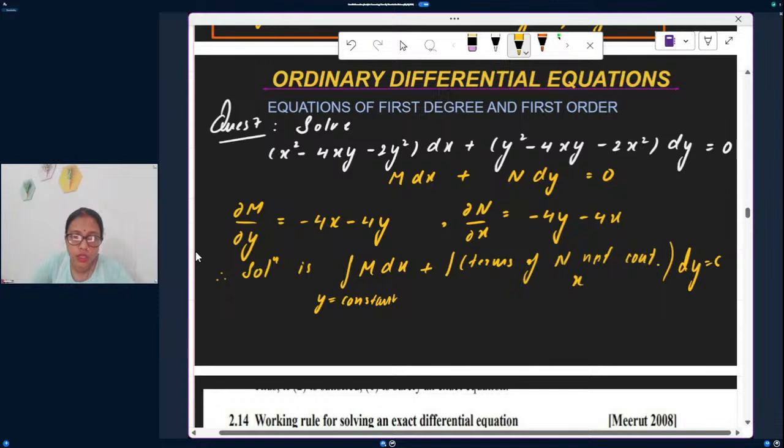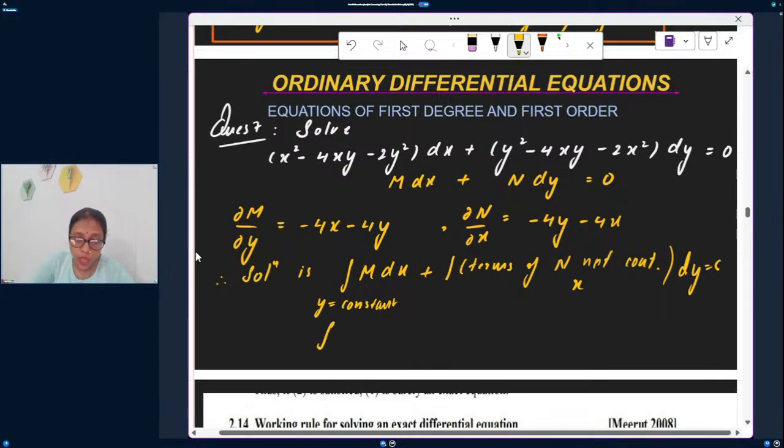So let's see, M is x square minus 4xy minus 2y square. To avoid the confusion, you can substitute y equals a constant k and back substitute later, so you write it as x square minus 4kx minus 2k square, so that you know that that is a constant, right? dx plus, you have to choose terms of N in which x is not there.